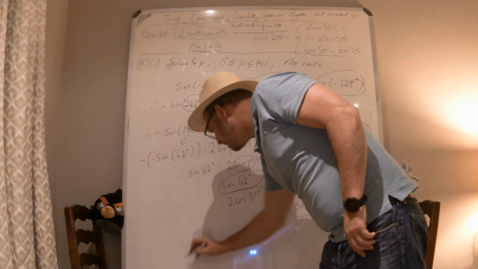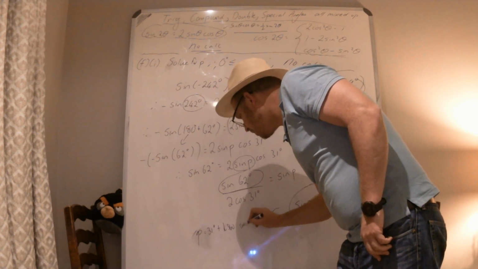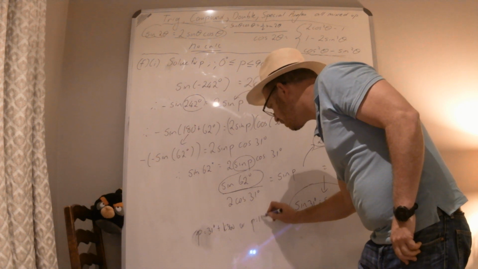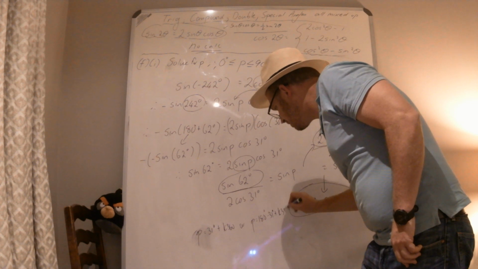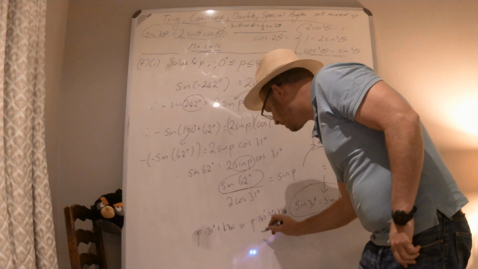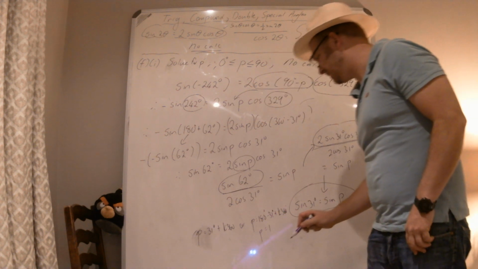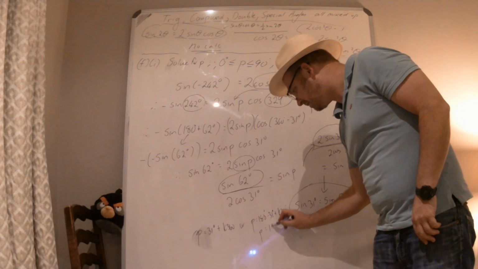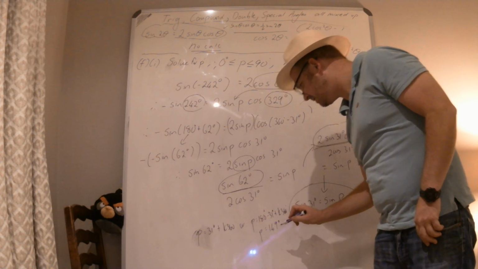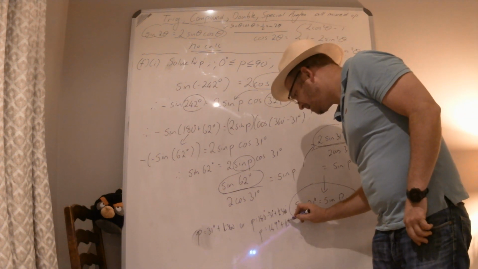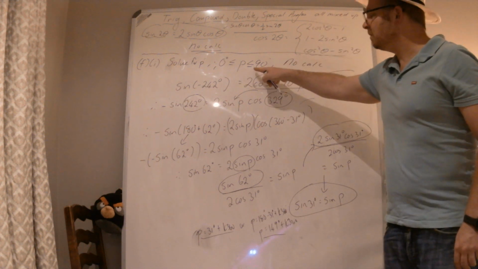So let's do the other way around. p is equal to 31 plus k 360, or you'd say p is equal to 180 minus 31 plus k 360. 180 minus 30 is 150, 149, I think. It doesn't really matter actually. Those are your two general solutions, but they only want the answers between 0 and 90.